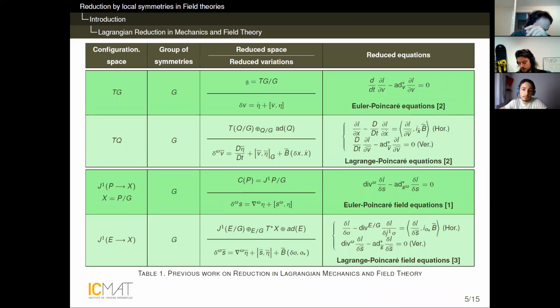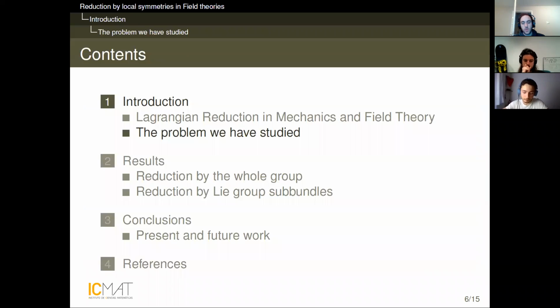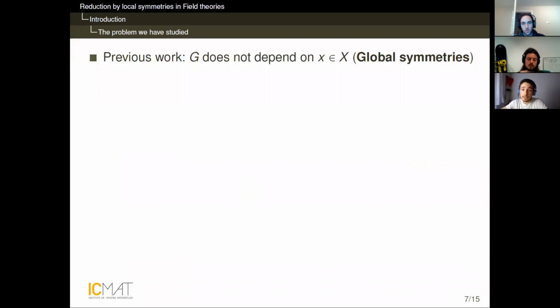I think I gave the main ideas of reduction, so now I'll introduce our problem. In the known cases in the literature, the group of symmetries, G, is a Lie group that does not depend on the point of the base space. The base space, in general, is the space-time of our theory. So these kinds of symmetries in physics are called global symmetries.